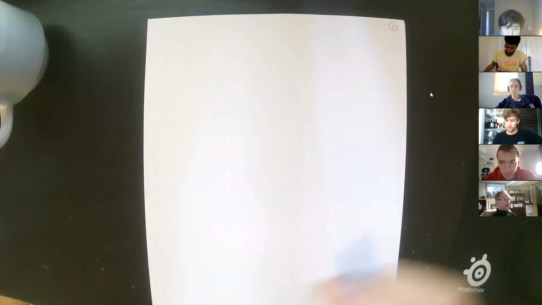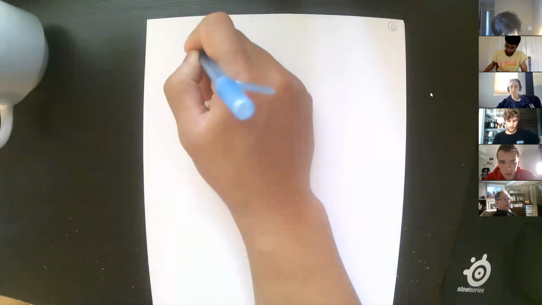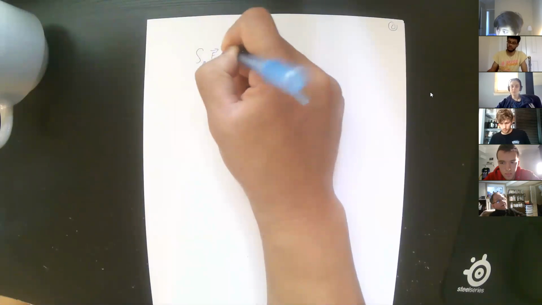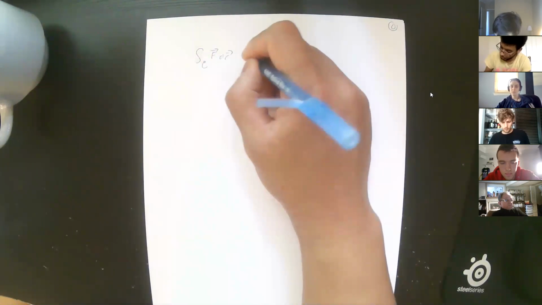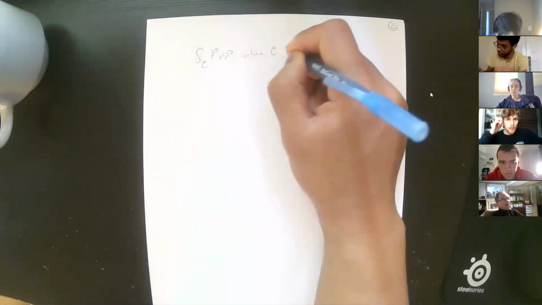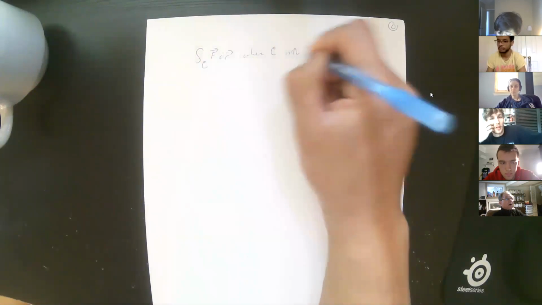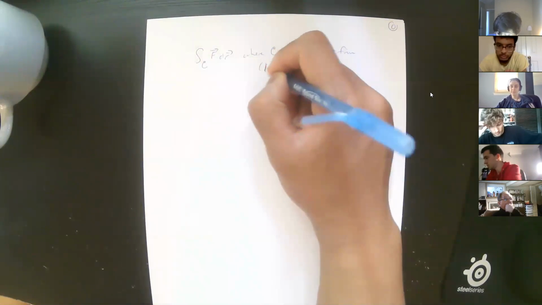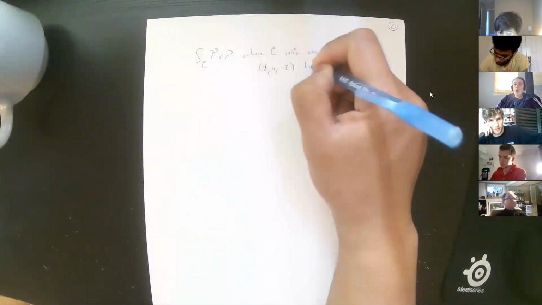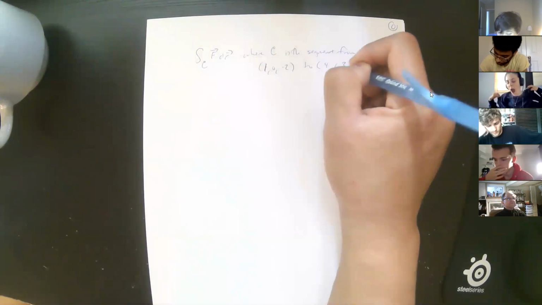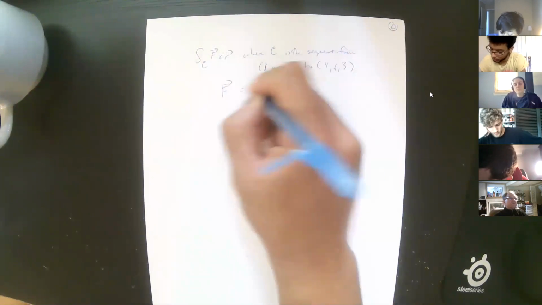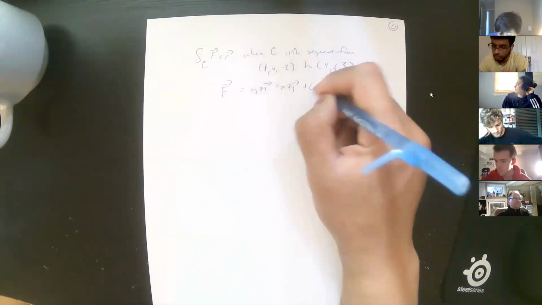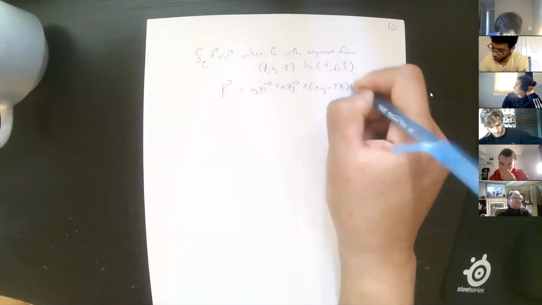Okay, so the problem wanted to integrate from (1, 0, 2) to (4, 6, 3), and F is yz i plus xz j plus (xy plus 2z) k.